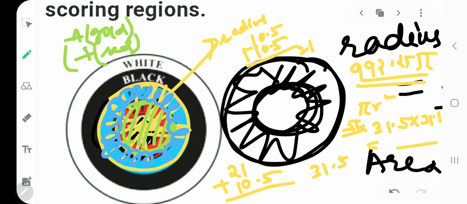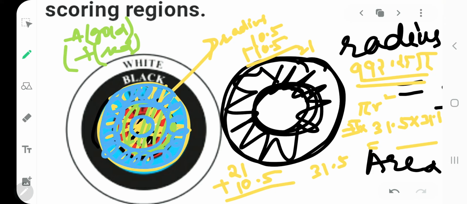Got my point clear? So every time you go to the higher circle, you have to deduct the previous areas which you have got. So now you have blue region area.